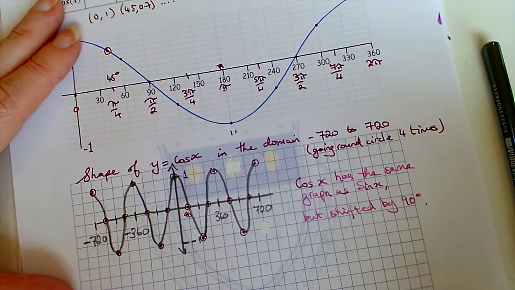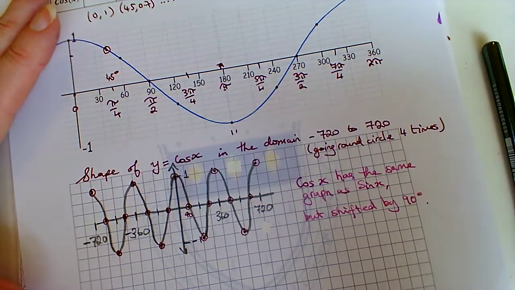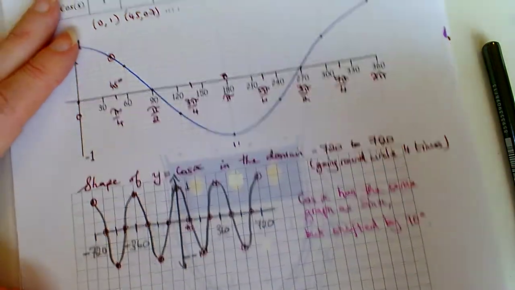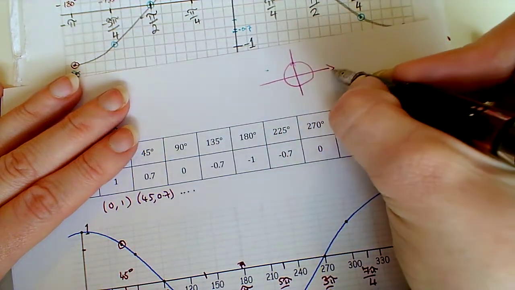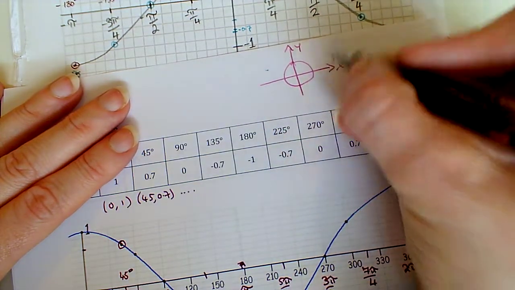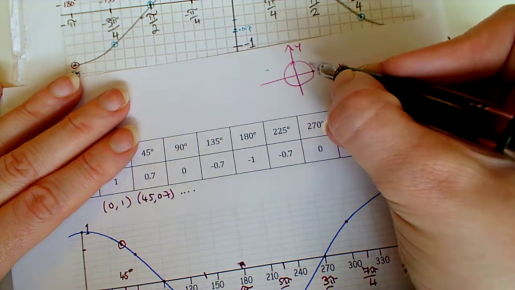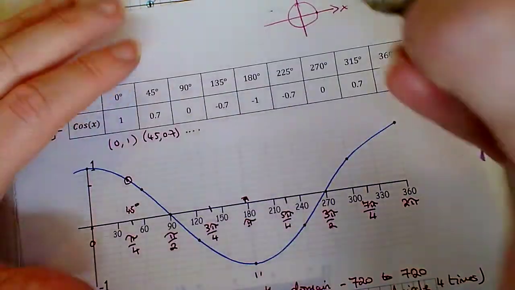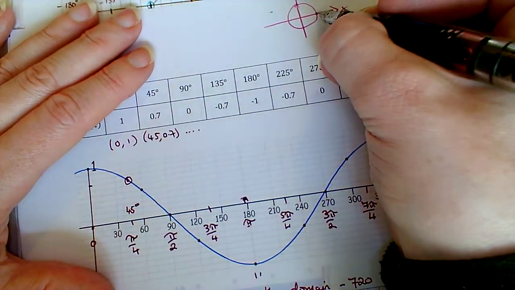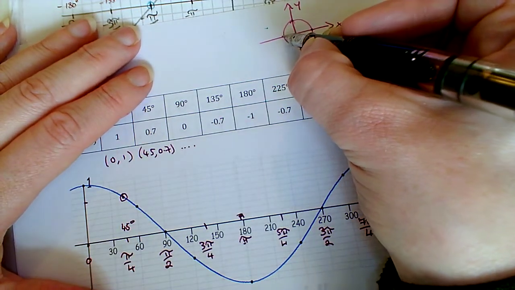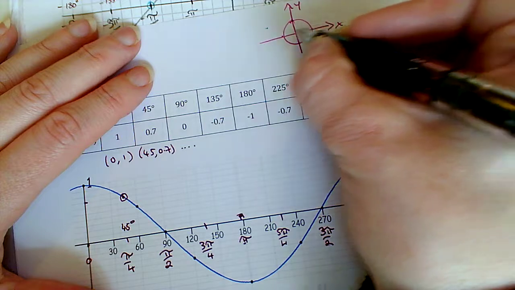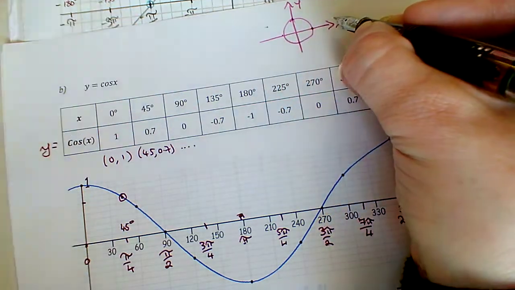And of course that makes sense because cos x is my x value on the unit circle. So remember our unit circle like this. Imagine a point going around. My point starts at 1, down to 0, minus 1, 0. So I'm just looking at what's happening to the x values going back and forth here.